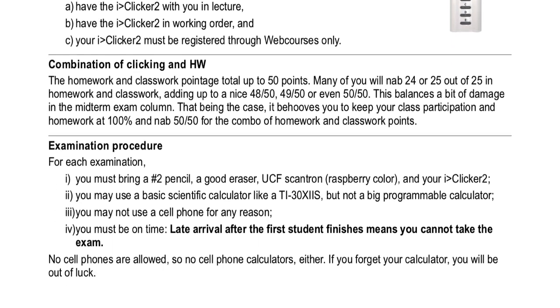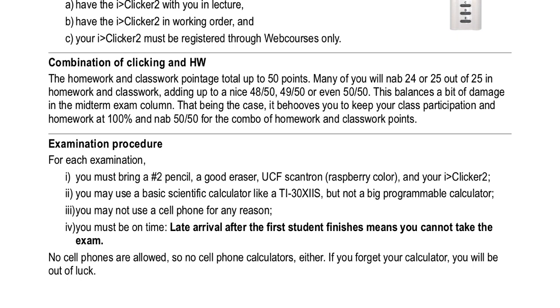Okay, now last comment about clicking. Clicking and homework together add up to 50 points. That's equivalent to a midterm. And most of you, if you're a faithful student, faithful with homework and faithful with coming to class and clicking, you're going to get 48 out of 50, 49 out of 50, 50 out of 50, a lot of you.